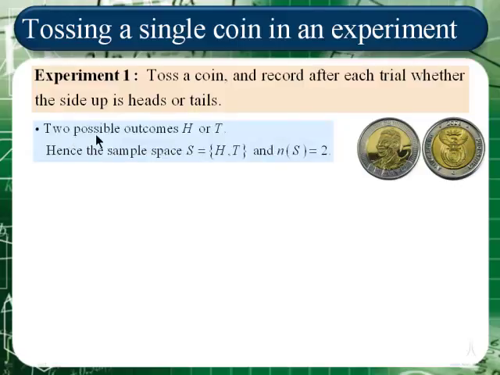So there will be two possible outcomes, namely H or T, which we will use to indicate heads or tails. Hence the sample space, which is a set, is the set S containing the two outcomes H and T. And the number of elements, or the cardinal number of the sample space, is 2.